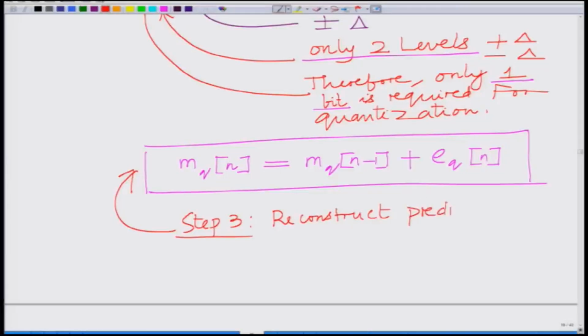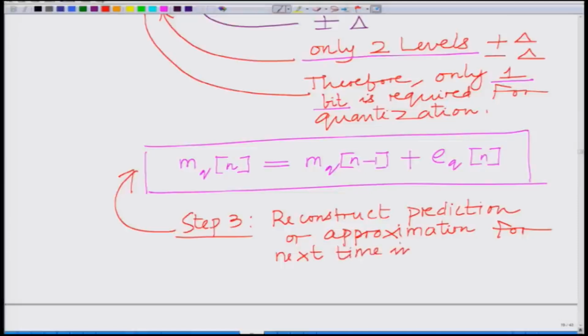You can also say it forms the approximation for the next time instant, and then this process will continue in the loop. All right, so let us see how this works.